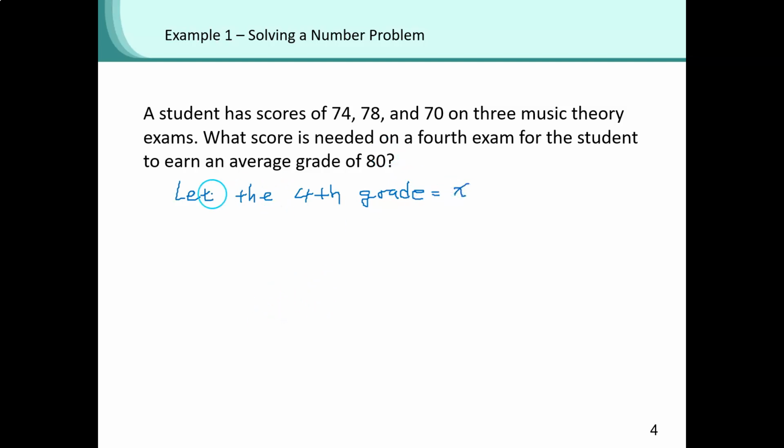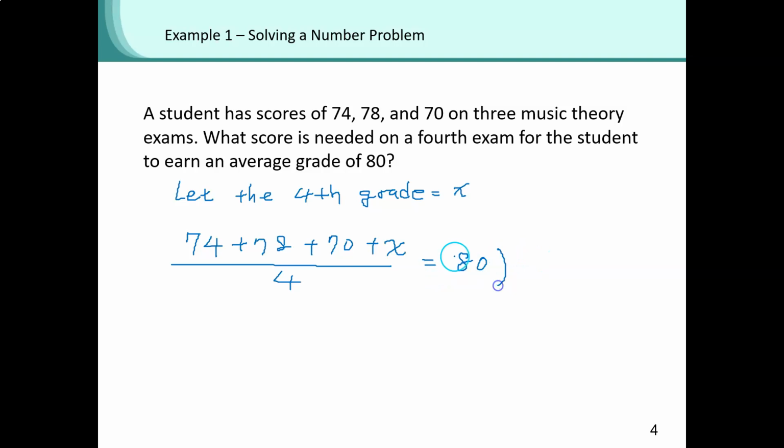Now we add the first 3 exam grades, 74 plus 78 plus 70, plus the 4th exam grade, divide by 4. And the student wants to get an 80 as the average grade.